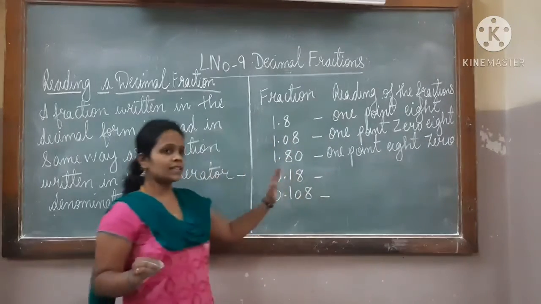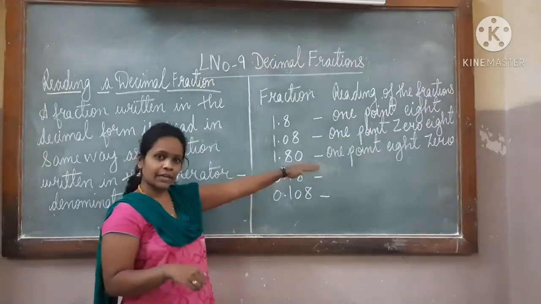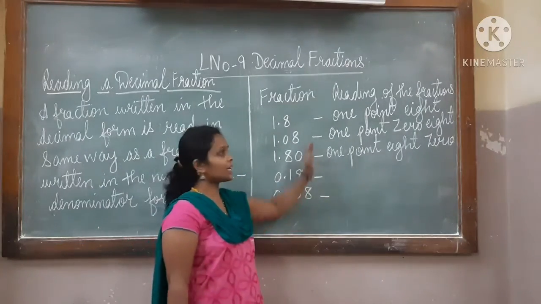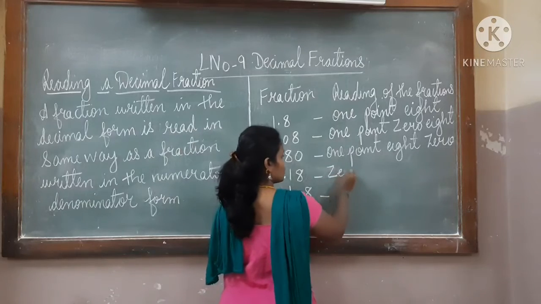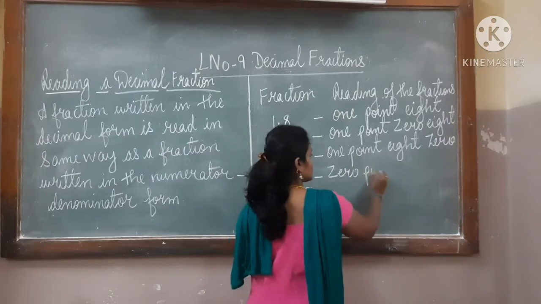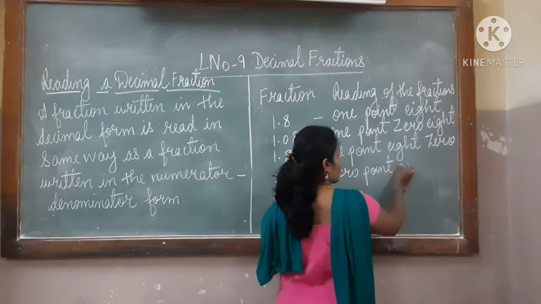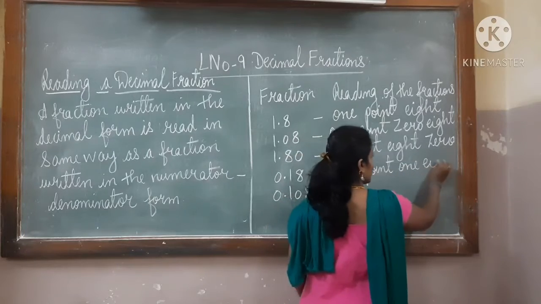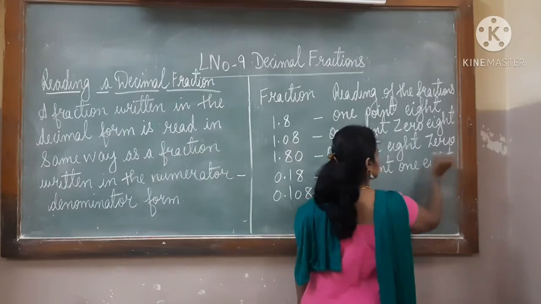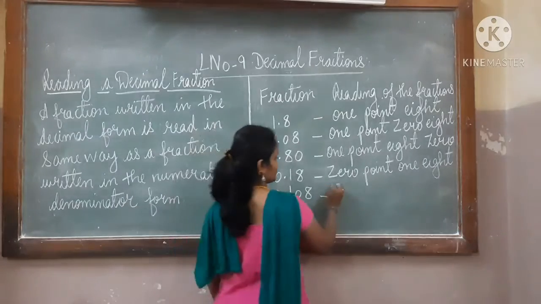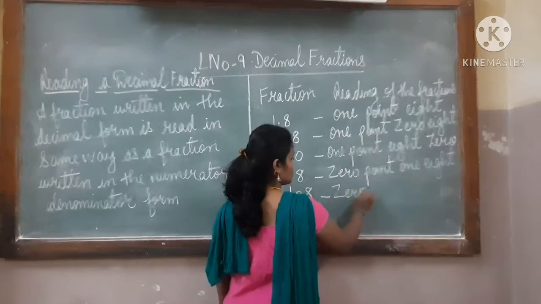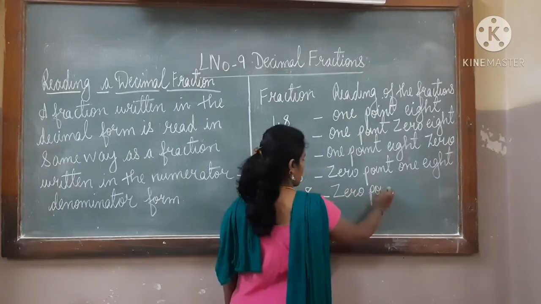First I will write and then I will tell you how to read. This I am reading also and writing also, but once again I will tell you how to read the fraction. This is 0.18. Then last one 0.108.